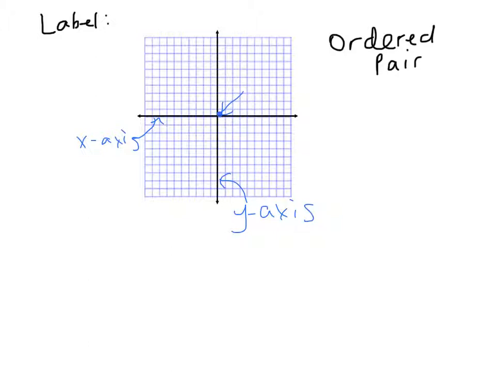That is where those two axes meet, the two number lines, which is called our origin. And remember, our origin is what we call the point 0, 0. We'll talk more about those later of ordered pairs. This whole thing together is called the coordinate plane.